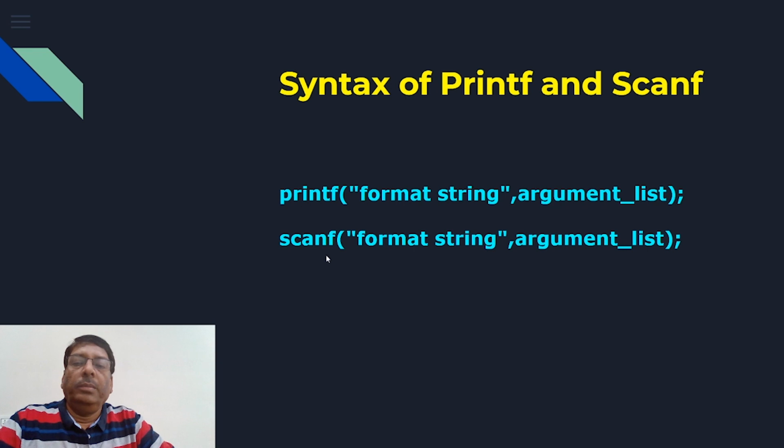Similarly, scanf can be written as format string within double quotes, comma, argument list. So when you say format string, this particular string is going to inform our program what kind of value we are going to accept. And similarly, here we are going to write in the argument list the names of the variable for which we are going to accept the value.